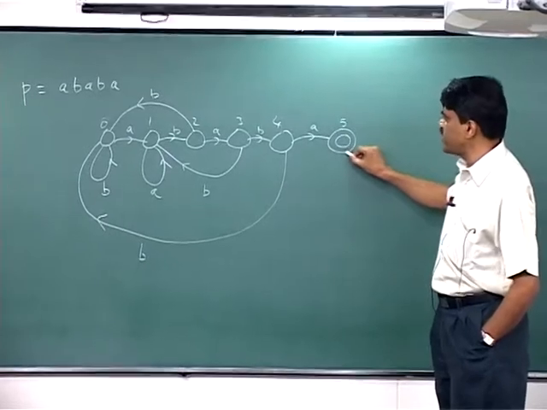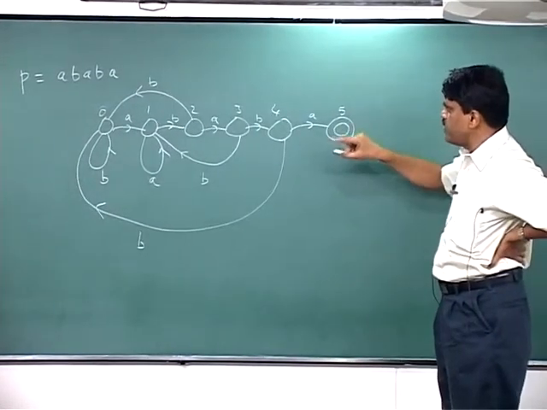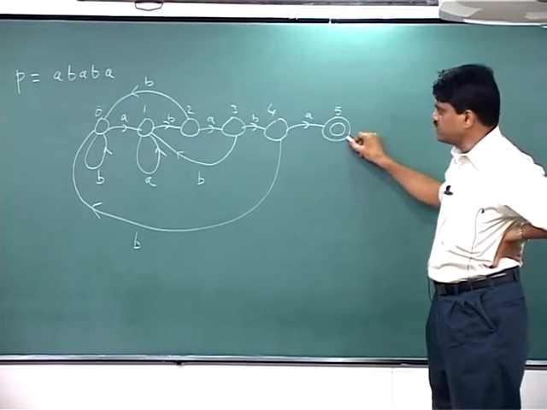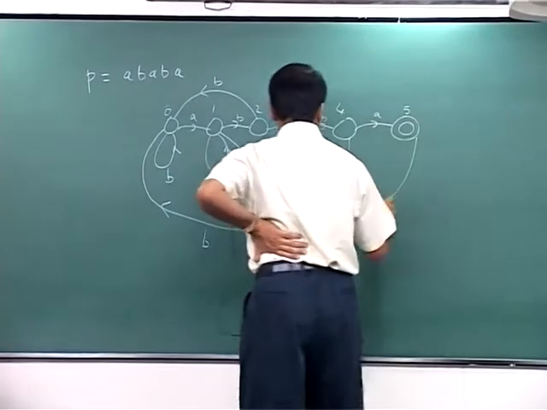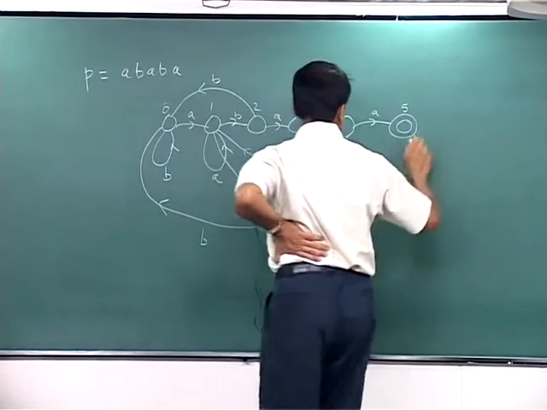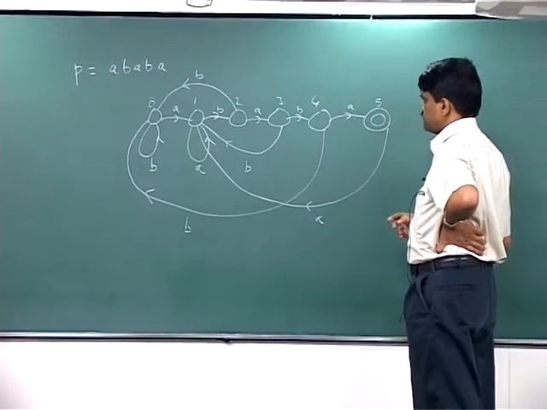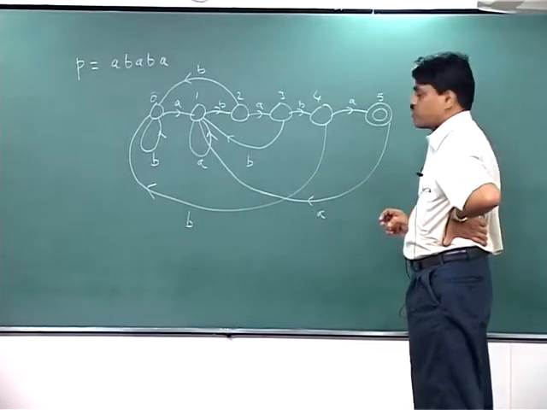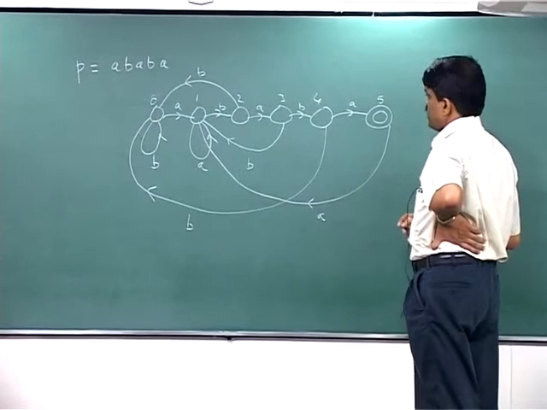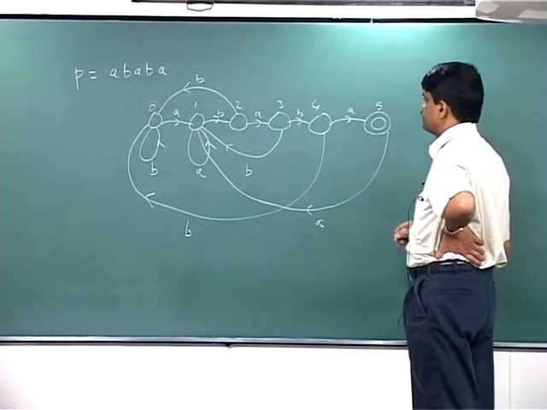So, when I see an A here, what do I do? So, I have got ABABA. Now, I see an A, 1 because I have got one character of my pattern. And if I see a B, sorry, 5 on A, don't you go to 3, okay.